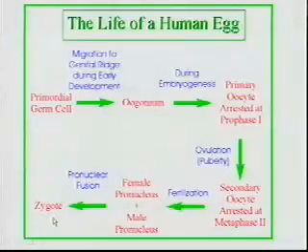Then with ovulation, the final division will occur, and if fertilization occurs, then of course the 2 pronuclei will undergo fusion ultimately, and the pronuclear fusion will bring about the stage of development called the zygote.